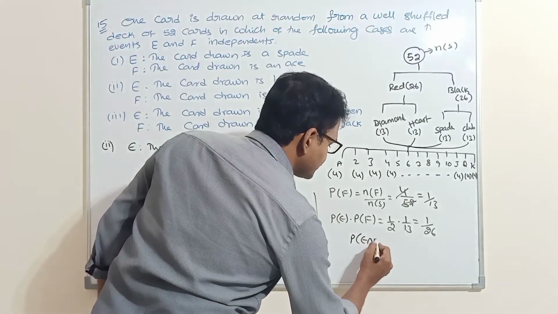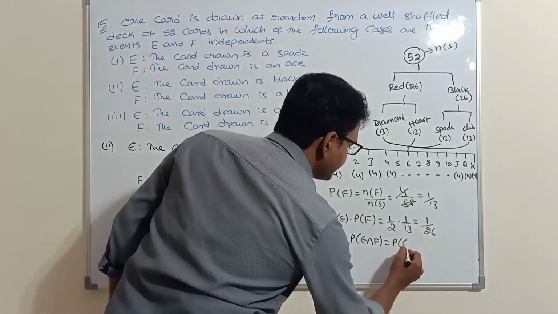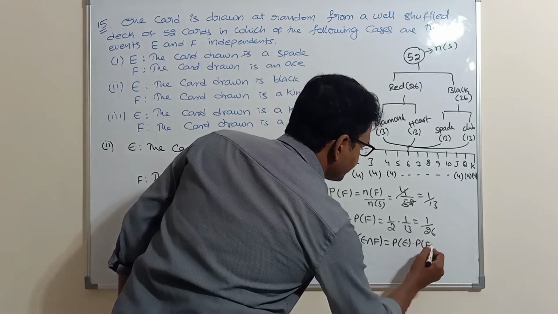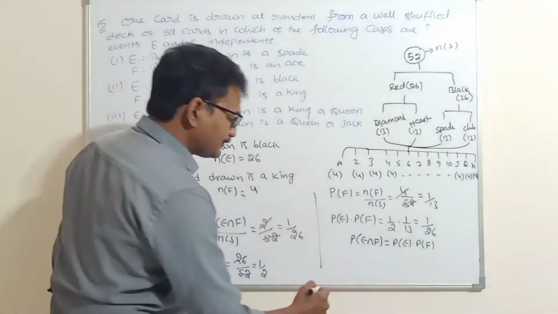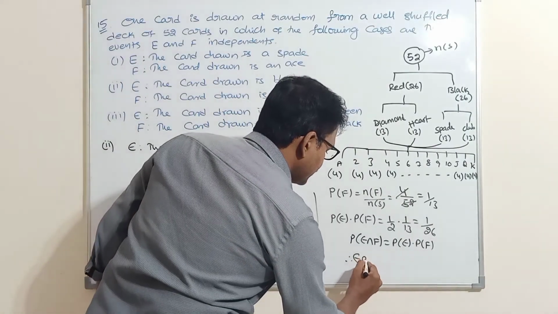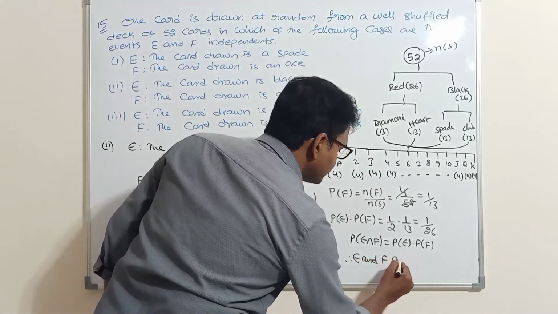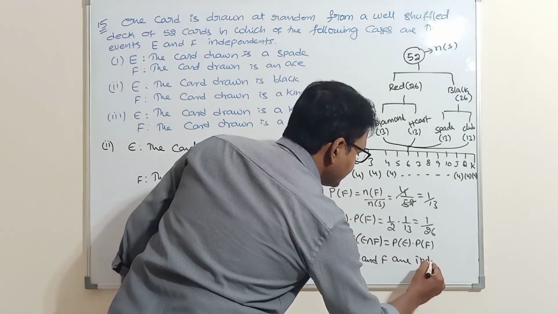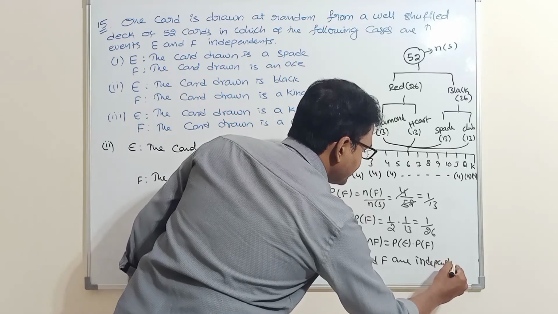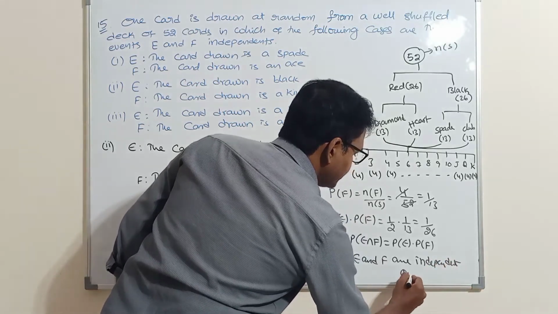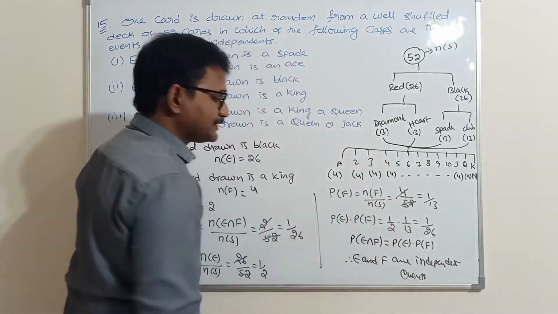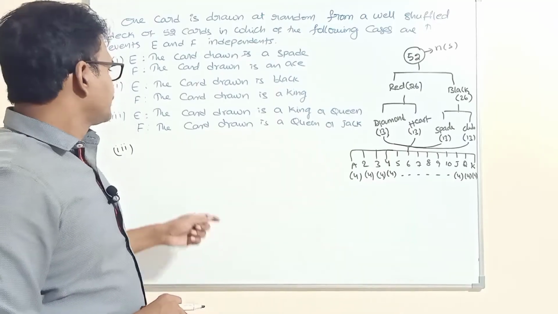P of E intersection F is equal to P of E into P of F. Therefore, E and F are independent events. This is the answer for the second question.